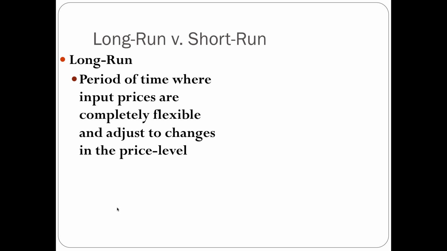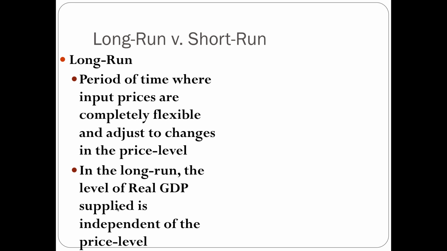You have costs of capital. You have costs of raw materials. All of these things are input costs. And these input prices in the long run will be completely flexible and will adjust to changes in the price level in an economy.